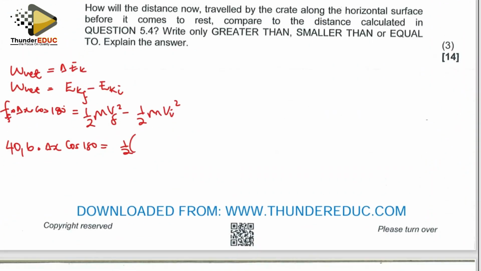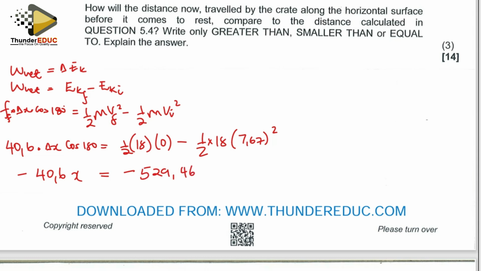Times 18 multiplied by 0 minus a half times 18 multiplied by 7,67 squared. So on this other side I'm going to have negative 40,6 delta x is equal to negative, that's going to be 9 multiplied by 7,67 squared, that becomes 529.